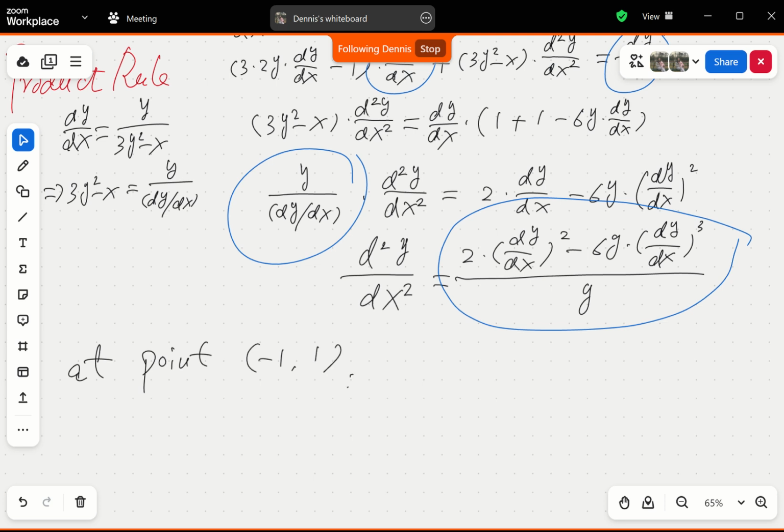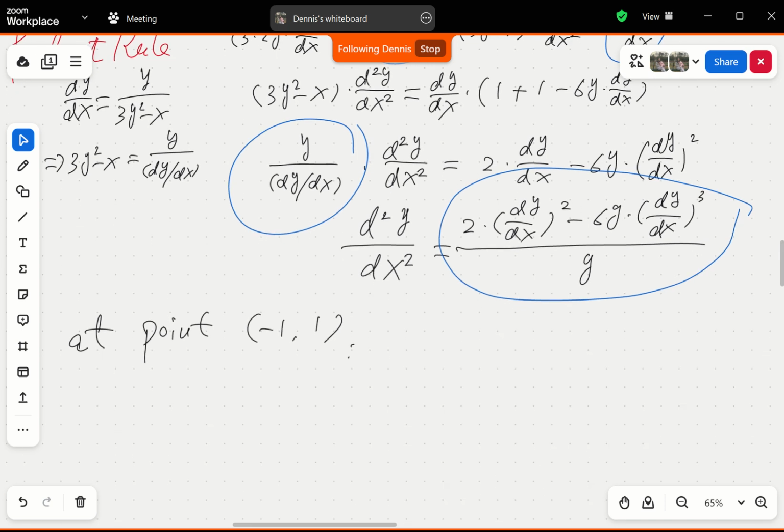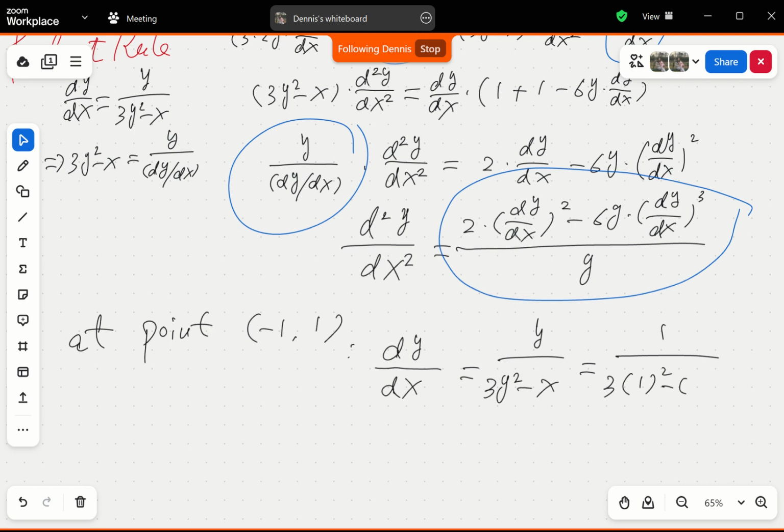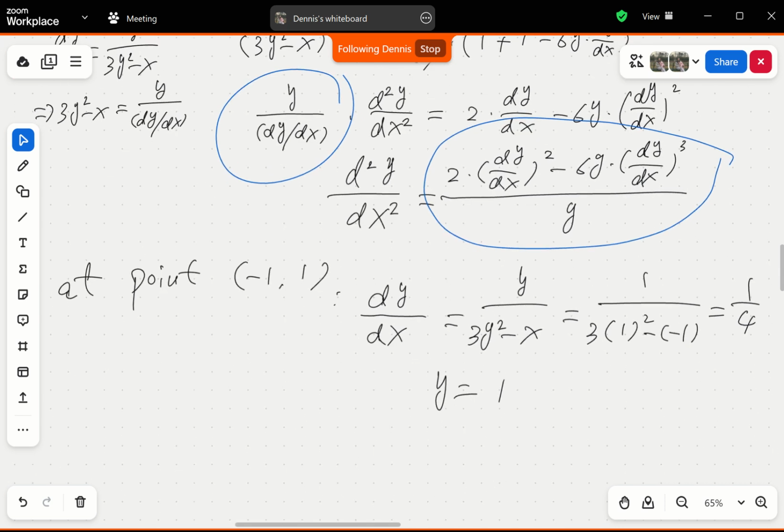We actually did that in question A. The derivative of y with respect to x at the point is given by the problem: 1/3 times 1 squared minus negative 1 equals 1/4. And of course, at the point, y equals 1.